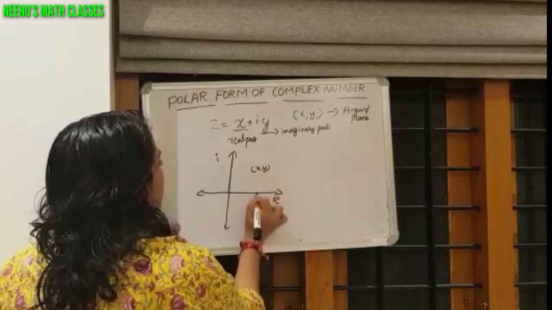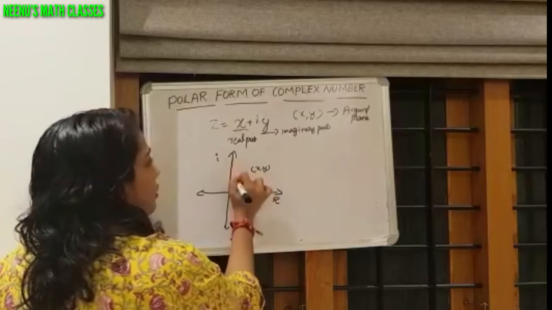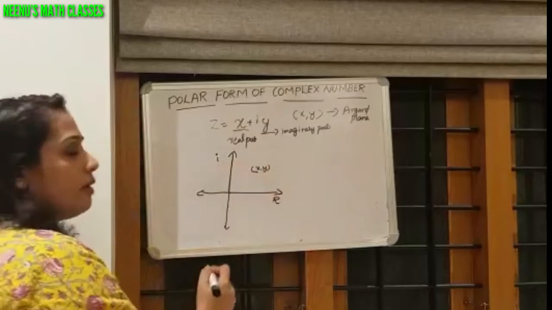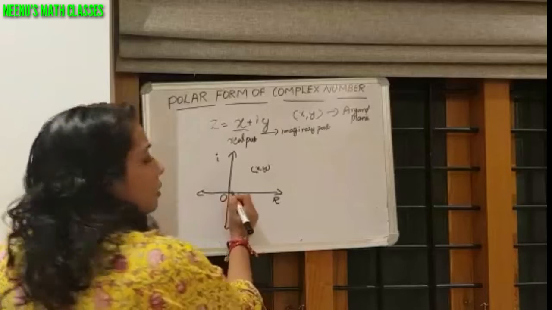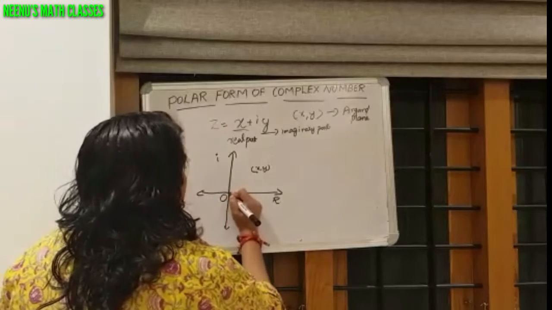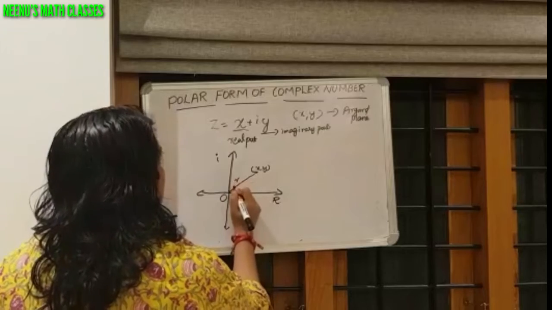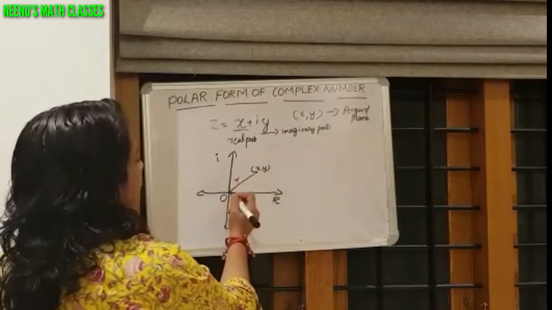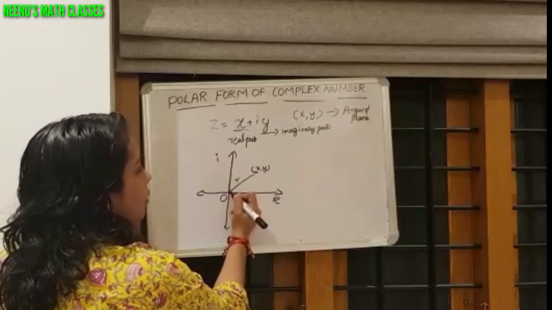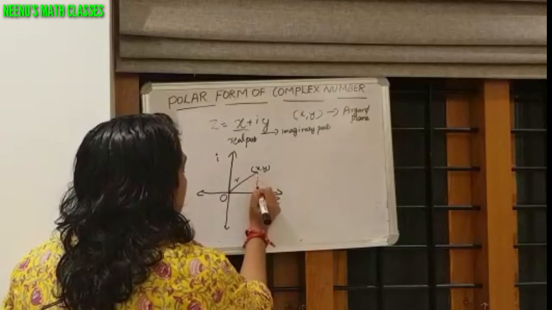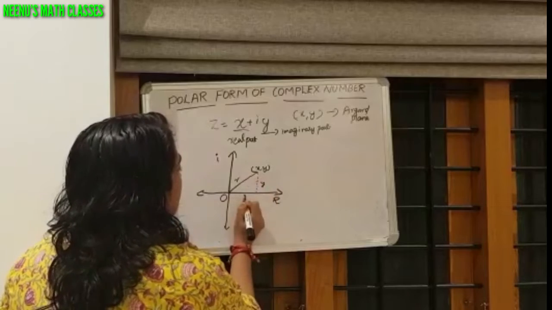The x coordinate corresponds to this and the y coordinate corresponds to this. Here is the point, and this is the center O. Consider this line as r, the distance between the origin and the coordinates. Similarly, I am connecting this. This is y, this is x.